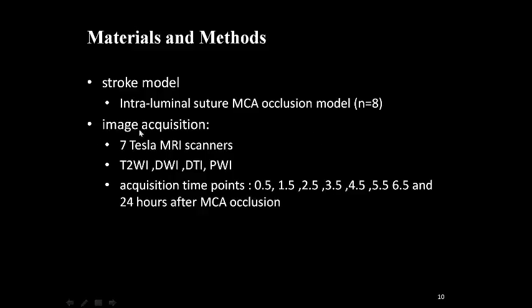Imaging acquisition was performed on a 7.0 Tesla MRI scanner: T2 weighting, DWI, DTI, and dynamic susceptibility contrast perfusion imaging were performed at time points starting from half an hour after MCAO, then repeated every hour until 6.5 hours, with a final 24-hour imaging performed for the assessment of the final infarct volume.